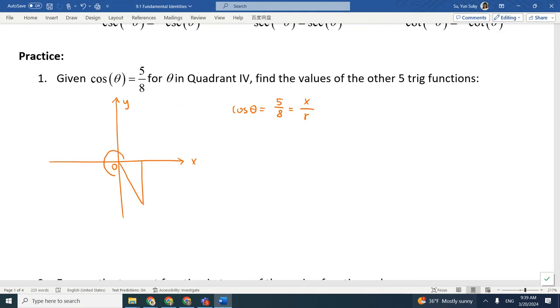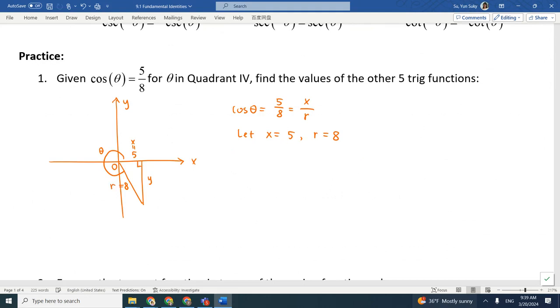Theta is actually from here to here. Okay. And now you can let x be, what is x? X is 5 and r is 8, and we're looking for the y. Is that okay, everybody? Yeah, x is 5 and r is 8.